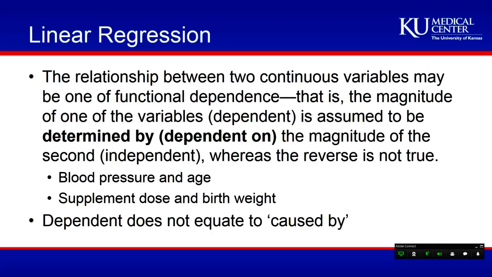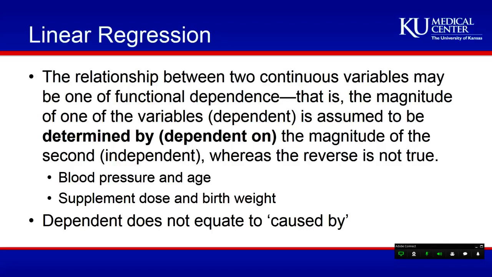We wouldn't think that age would change as a function of blood pressure, but we might think that blood pressure could change as a function of age. So if you have circumstances where there's not a clear X and Y, probably steer clear of regression methods because they're not appropriate for anything beyond functional relationships.